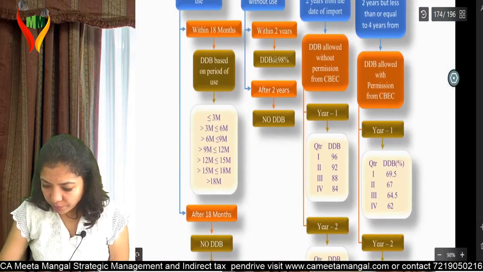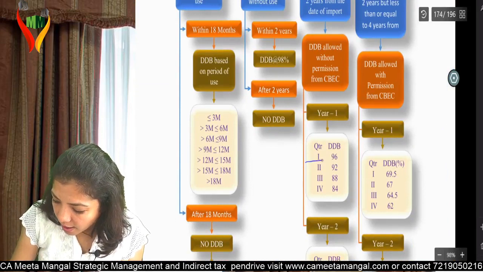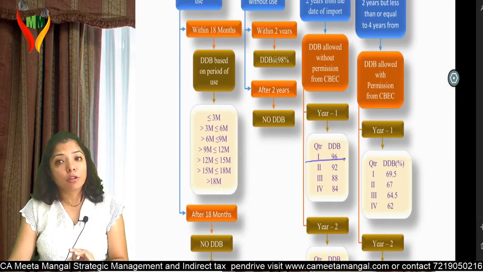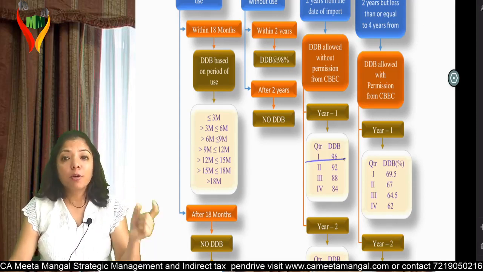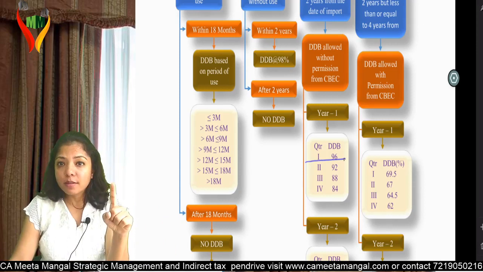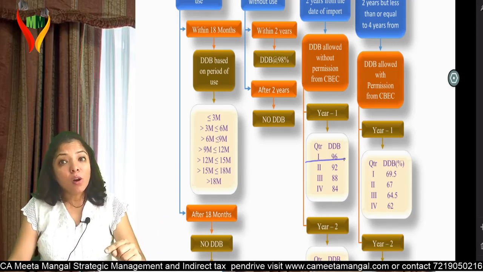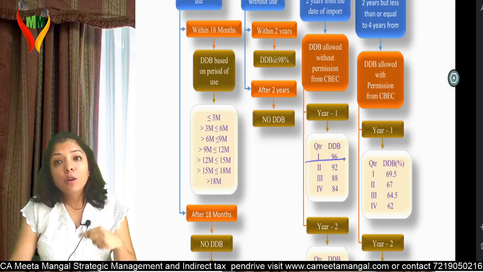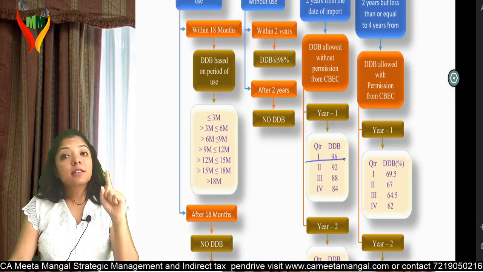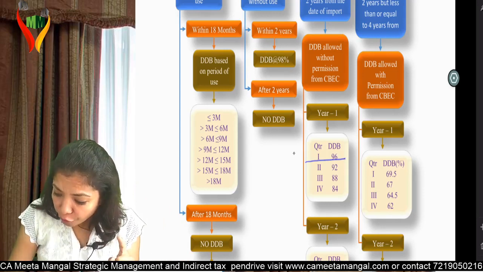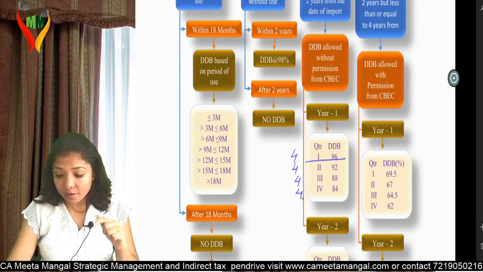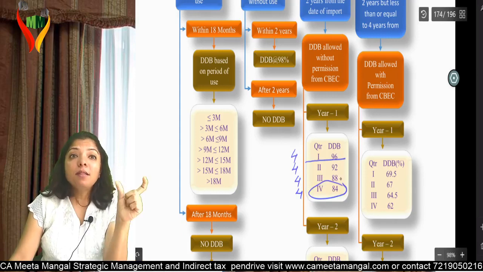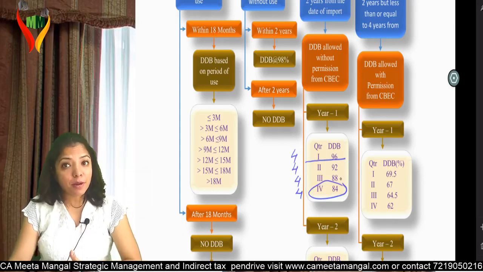If you export in the first quarter only, you will be eligible for 96% duty drawback. First year, first quarter 4%, second quarter 8%, third quarter 12%, fourth quarter 16%. So the drawback amount will come down, and you get a drawback of 84%.